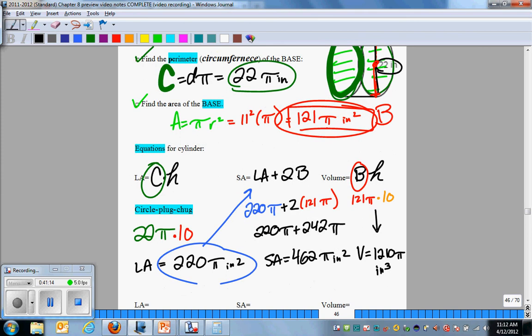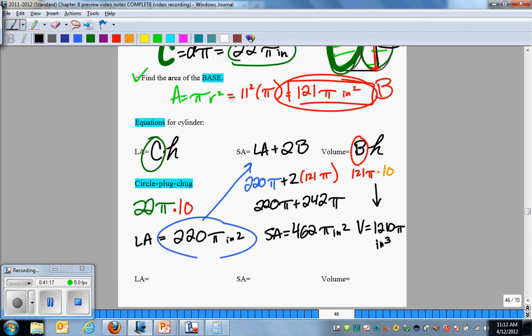Your units change because we're dealing with volume. So our answers are 220 pi inches squared for lateral area, 462 pi inches squared for surface area, 1,210 pi inches cubed for volume. You can multiply pi in if you so choose.